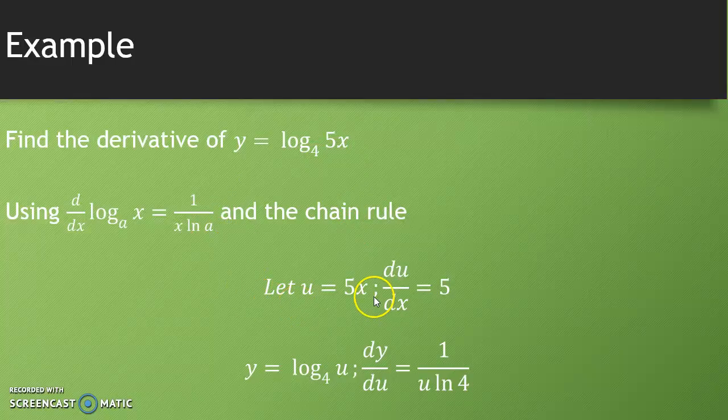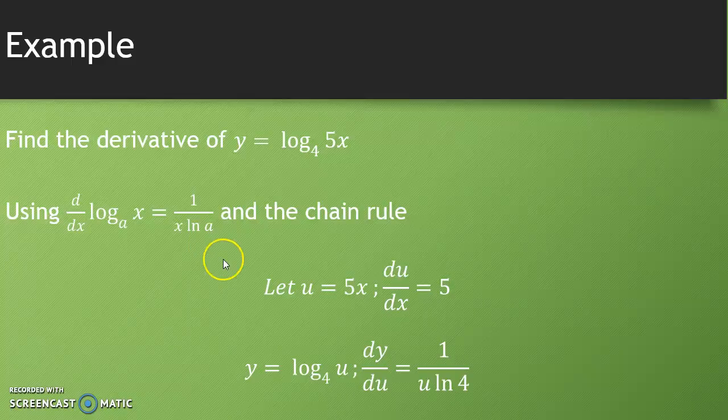We let u equals 5x, so the derivative of u with respect to x equals 5. Then we can write our y equation as log base 4 of u, and the derivative of that, using our log rule up here, is 1 over u times natural log 4.